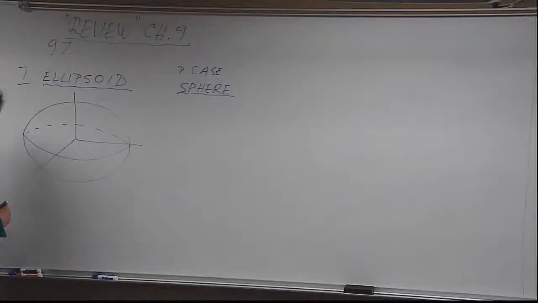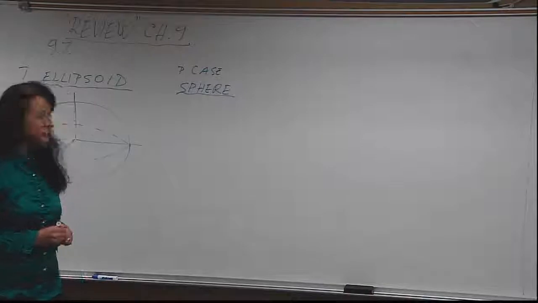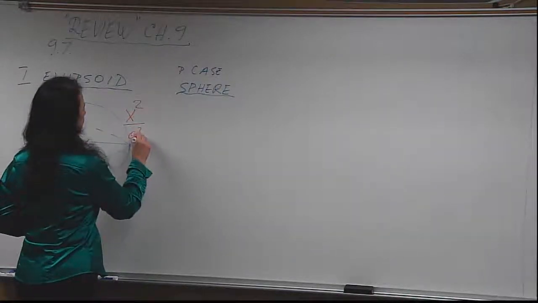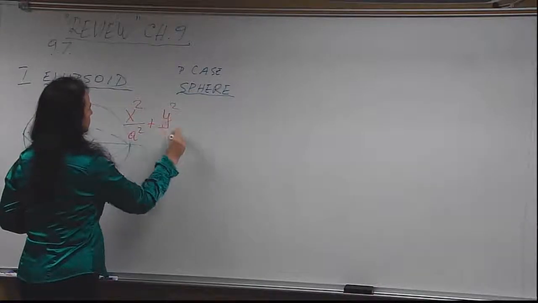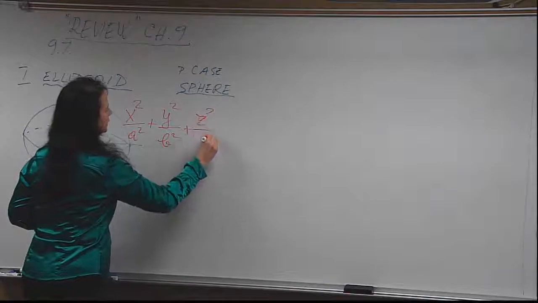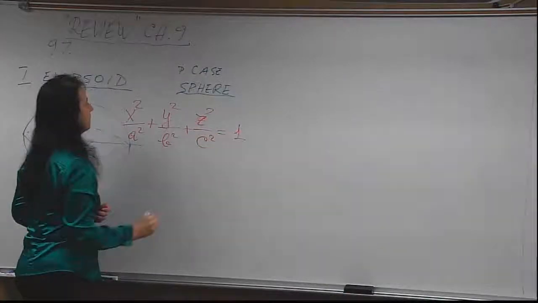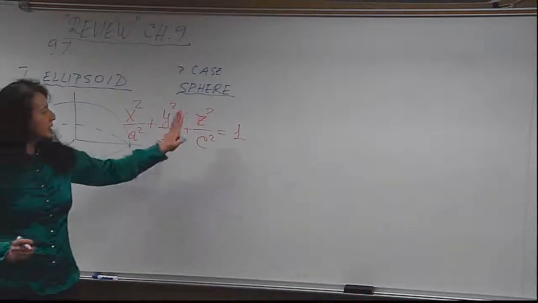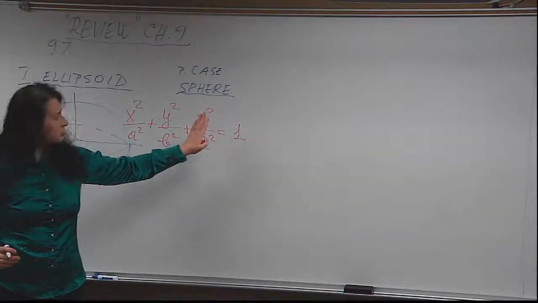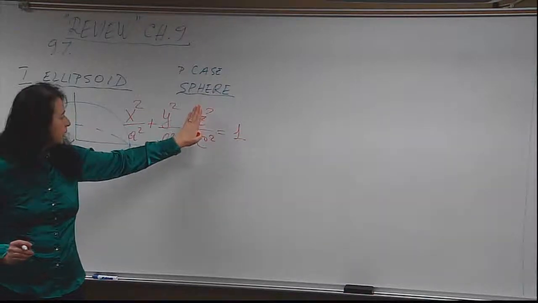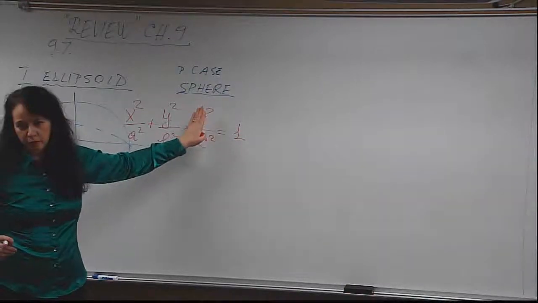I'm going to write the equation. I noticed on the videos that it's hard to see the red, but I will do my best. X squared over A squared plus Y squared over B squared plus Z squared over C squared equals 1. And last time we were talking that if you take C to be 0, you're going to get an ellipse of major and minor semi-axis A and B respectively.